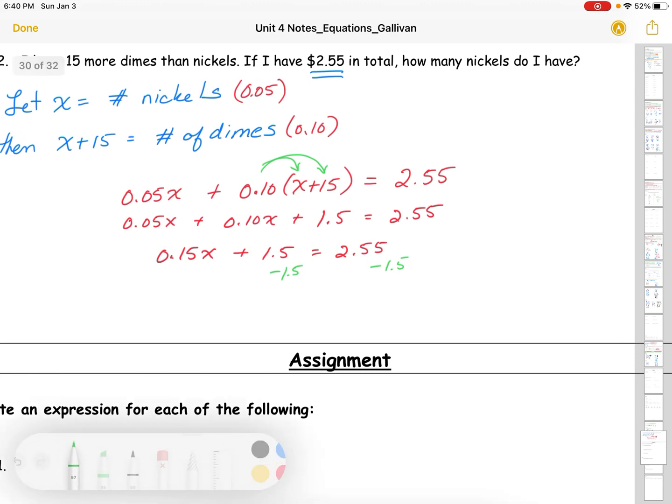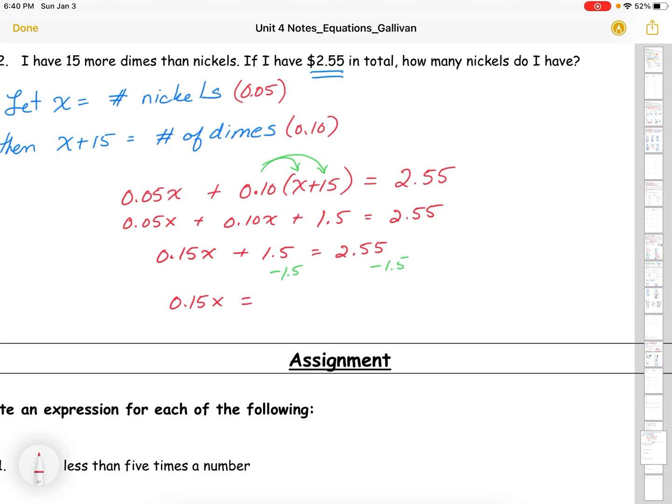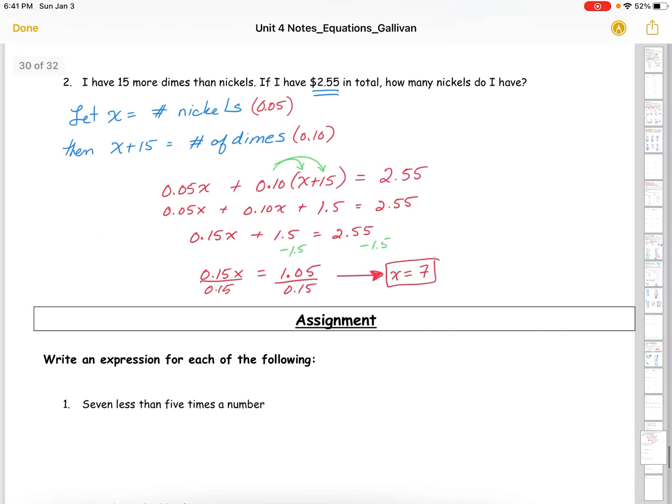And I'm just going to subtract 1.5 from both sides. 0.15x will then equal 2.55 minus 1.5, which is 1.05. And then I'm going to divide both sides by 0.15, which gives x equals 7.